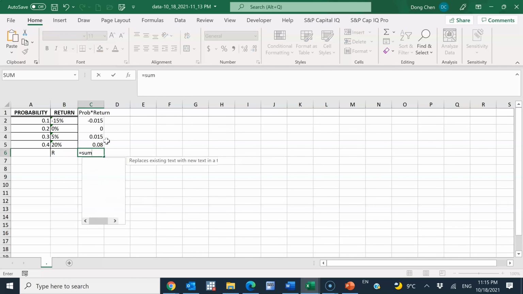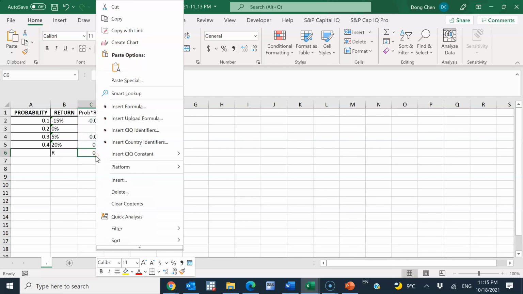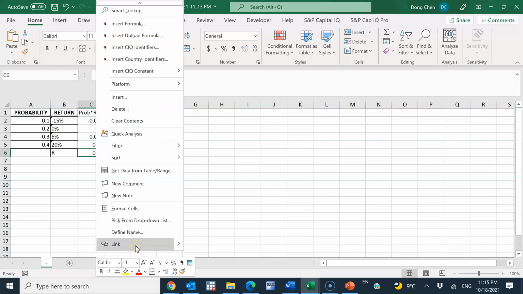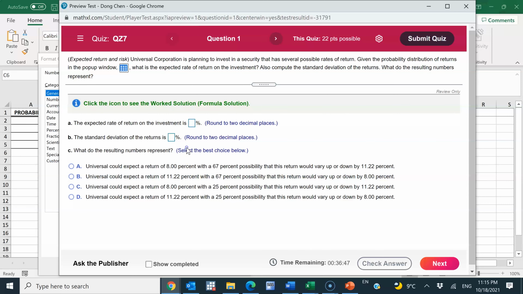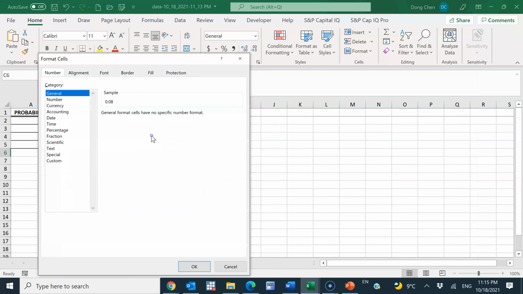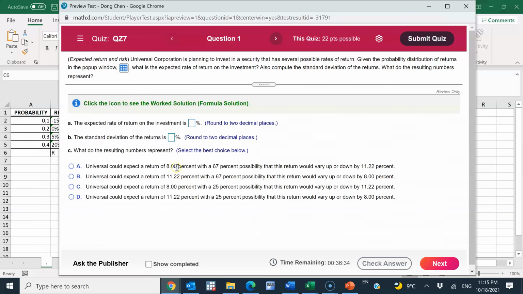Now we can basically sum up all these 4 products, and that gives me the expected rate of return. And then for math cells, just go back and check the rounding requirement. This is in percentage term and round to 2 decimal places. So just keep it in percentage and round to 2 decimal places. So that leaves this with 8%.